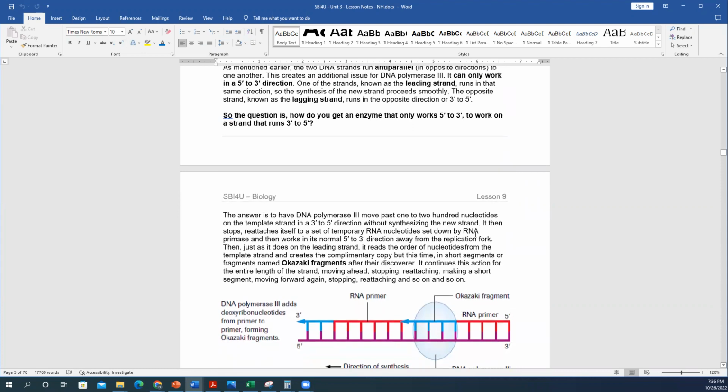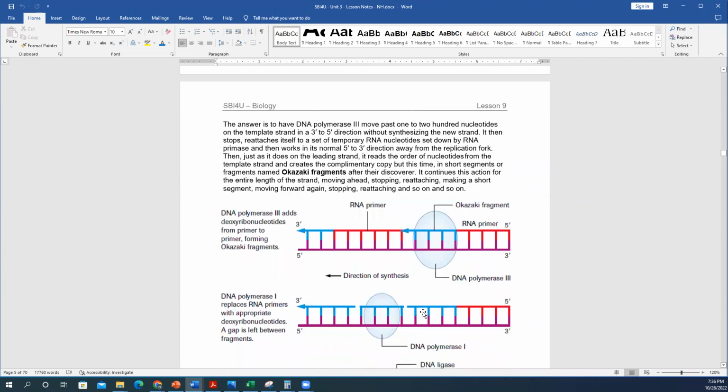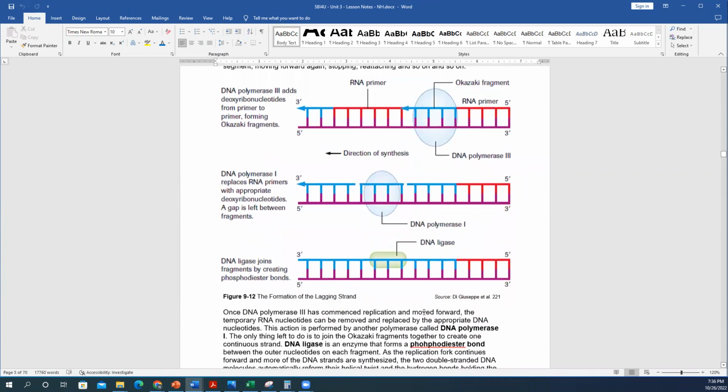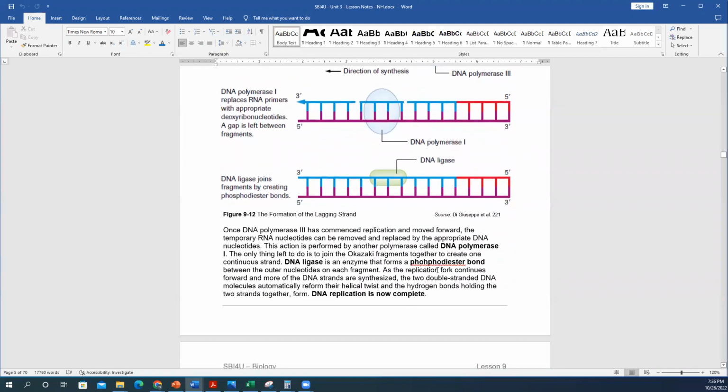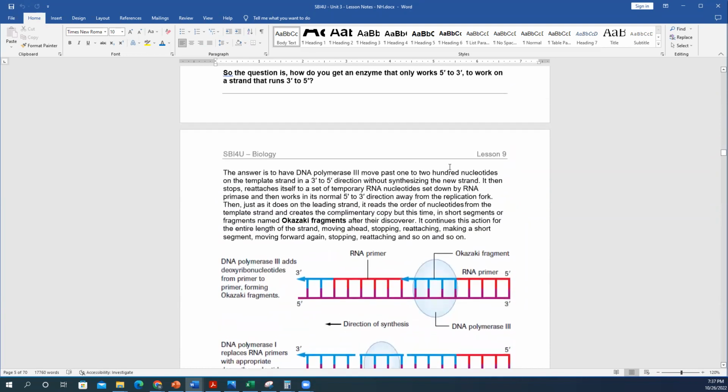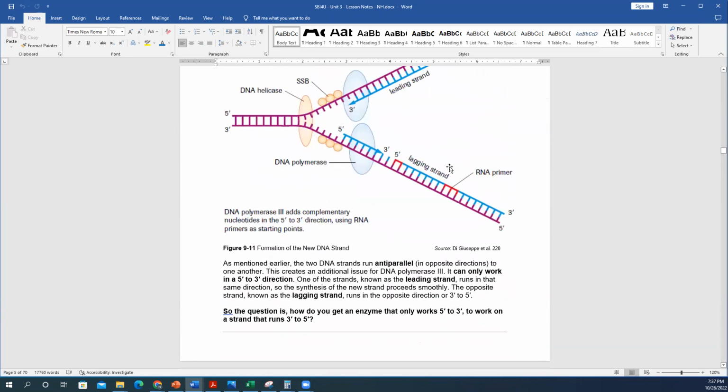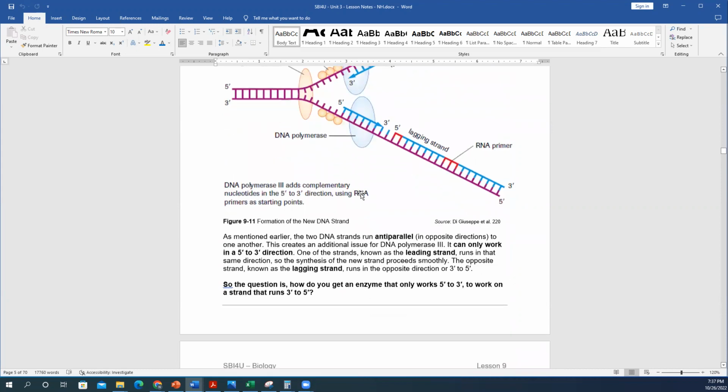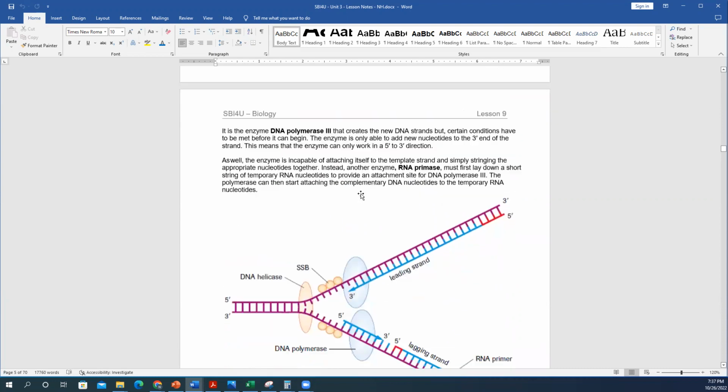And you should know that there are these Okazaki fragments. What are Okazaki fragments? What is the job of DNA ligase? How is DNA polymerase 1 different from DNA polymerase 3? This is DNA polymerase 3. There's DNA polymerase 1. How are they different?